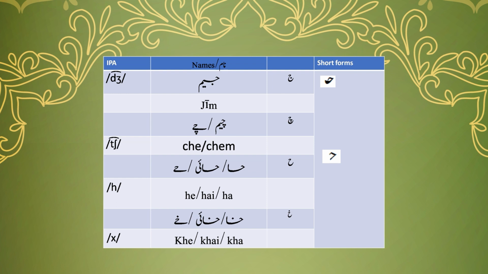And like Hey, it also has two other names, Khai and Ha. Some people also name it Ha, and some call it Khai as well. But in Urdu we call it Hey, with Badi Ye. And we have here IPA at the end. This is used for pronunciation purposes, which we will learn at the end.